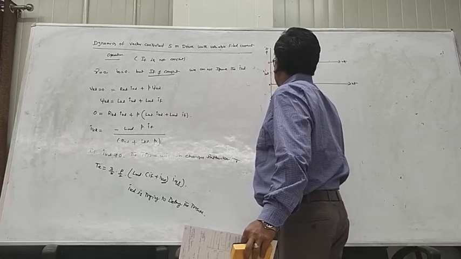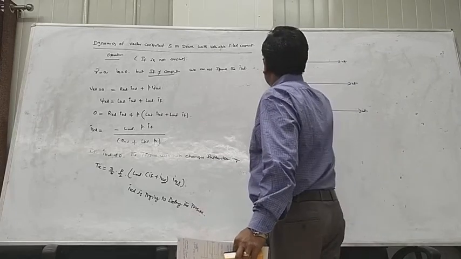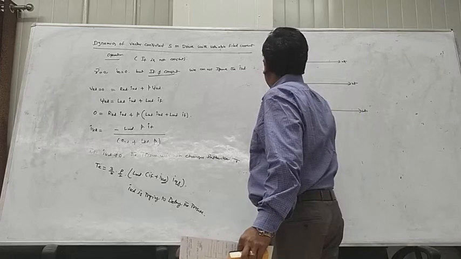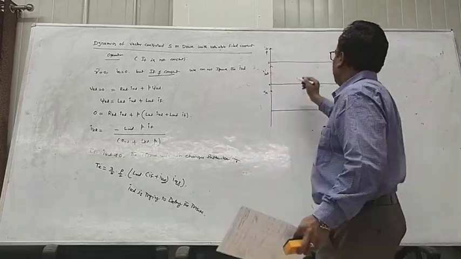IKD is 0 here, and this is omega t, and the electromagnetic torque Te here.